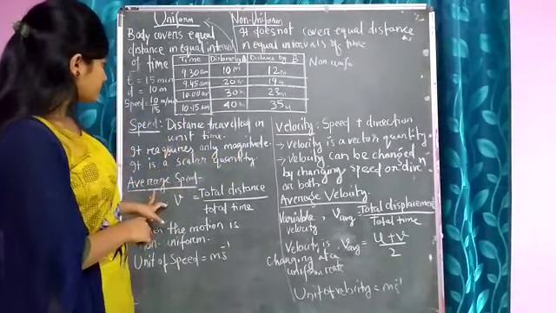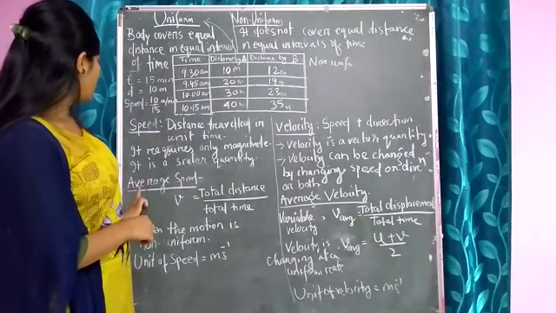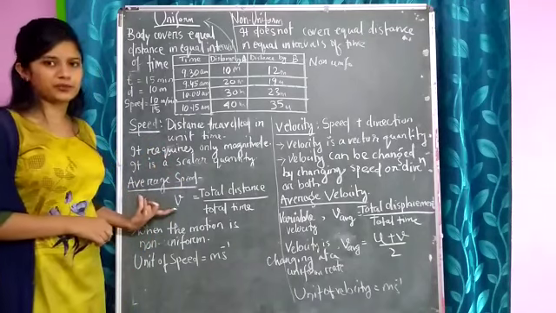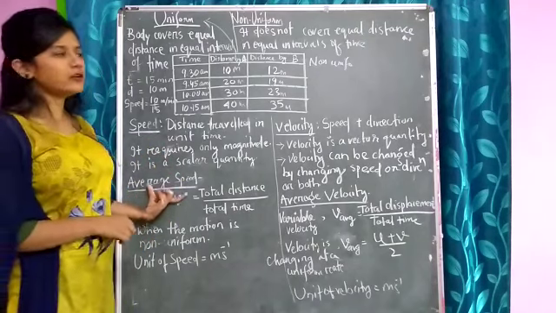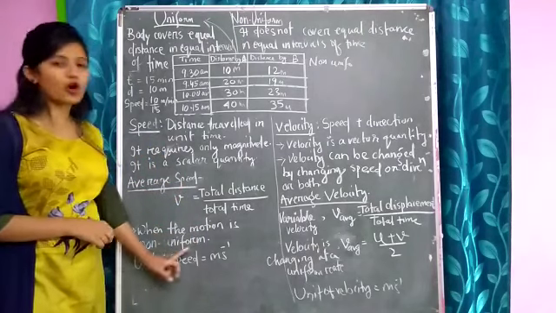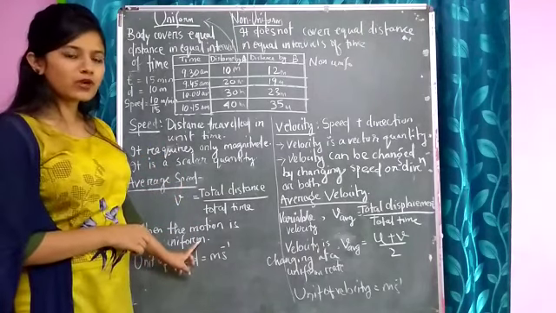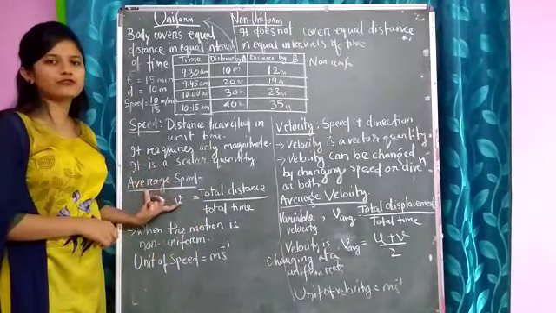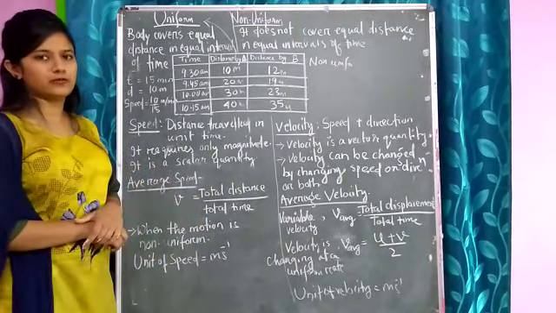Then we go to another term, that is average speed. What is average speed? It comes when the motion is non-uniform. Whenever we have a non-uniform case, at that time we have to define average speed.